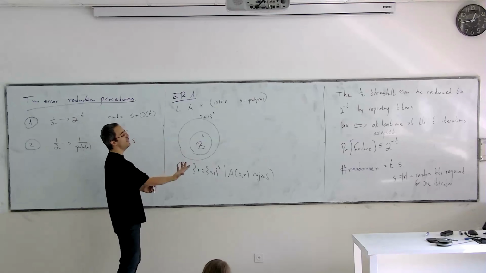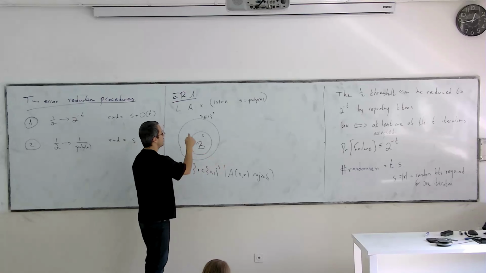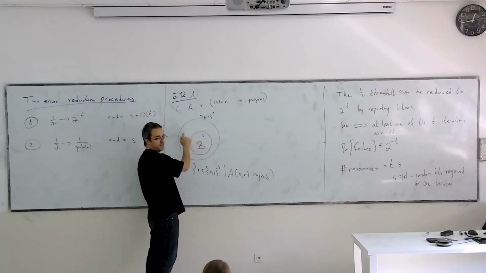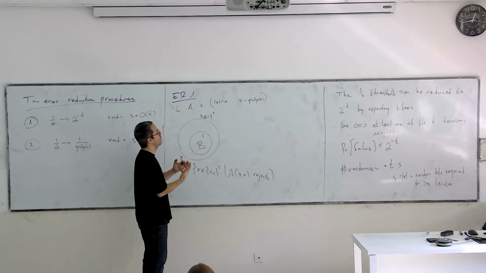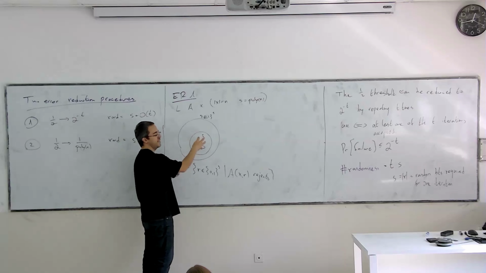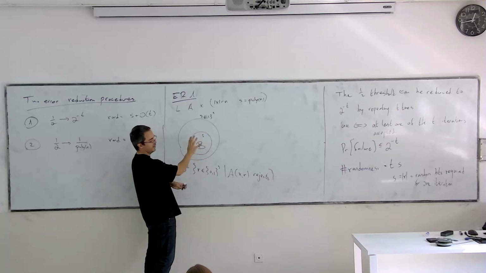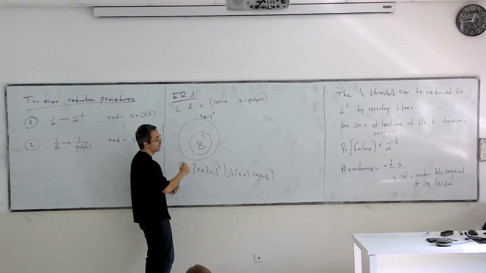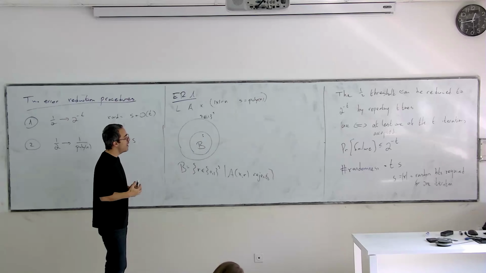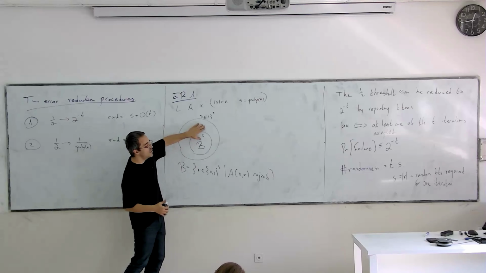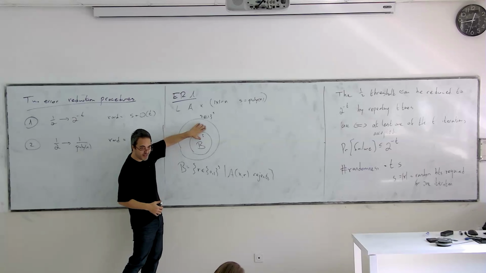Now, when you do independent samples, like in the naive way we did, you just sample T independent elements here, and the bad event was all the elements lie in B. The probability of that to happen is, of course, the density of B, which is half to the T. So what we want to do now is to actually use dependent samples using expanders.